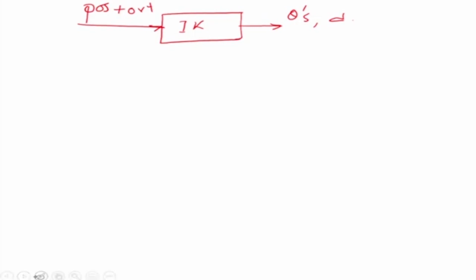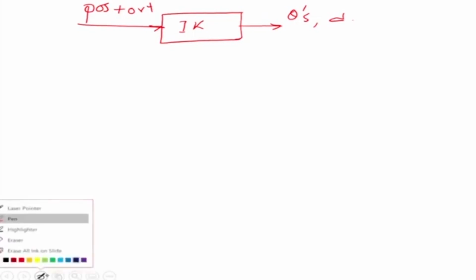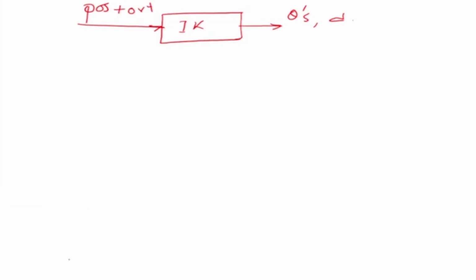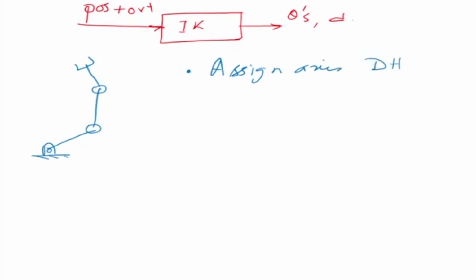Now let's look at the basic process that is followed. The basic process that is followed for all manipulators is the same. So for the 2 degree of freedom or 3 degree of freedom system which we looked at, the first thing that we do is to assign axes as per DH notation.